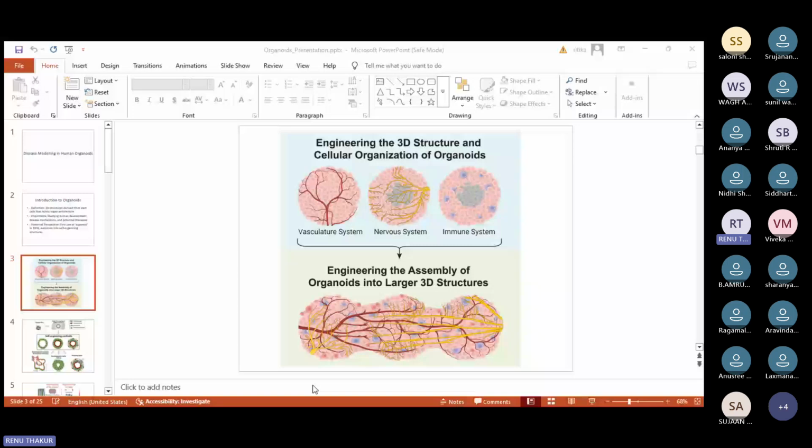They just do it by themselves as we grow from a child to an adult. So similarly, the key feature of these 3D structures is also self-organization.